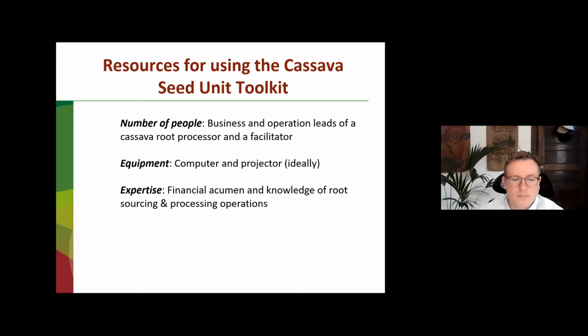In addition to that kind of knowledge aspect of the internal operations, we're also going to need a computer and ideally a projector so that everyone can be a part of the process. And the expertise needed from the customer side or processor side is typically some level of financial acumen and knowledge of the core business.